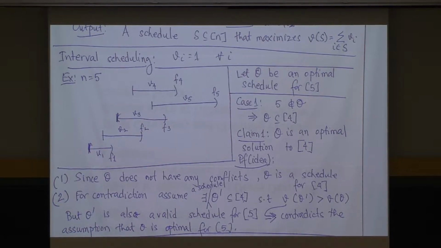So maybe a one-sentence summary of all of this is: if we assume 5 is not in the optimal solution, then you might as well have just started with an input that didn't have 5 in it. Okay. Are there questions on this? Do you guys want to talk about this, or should I move on?